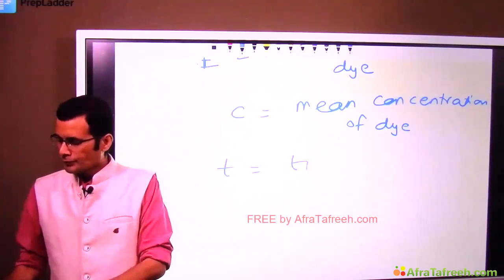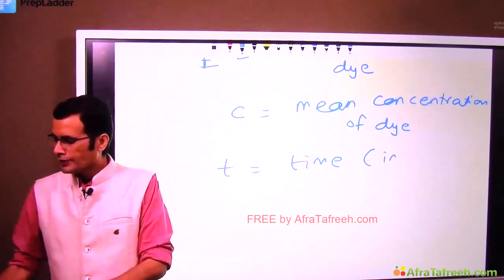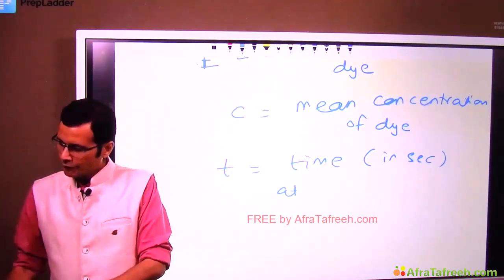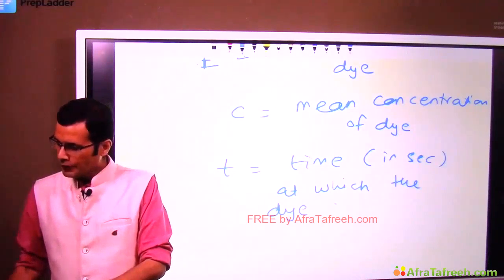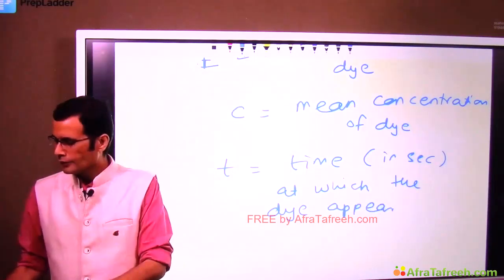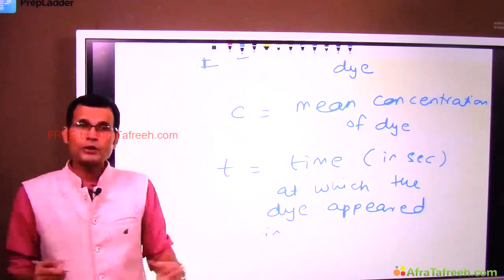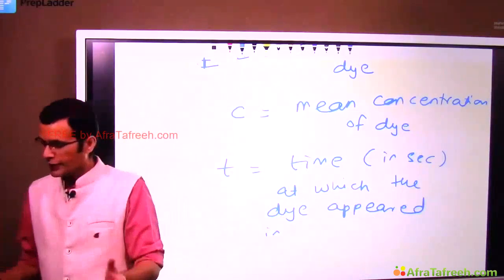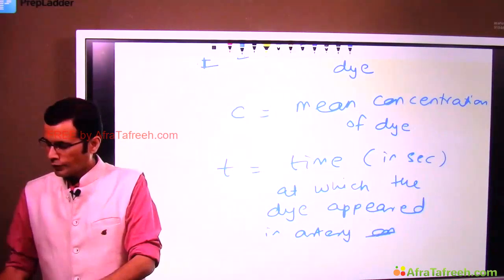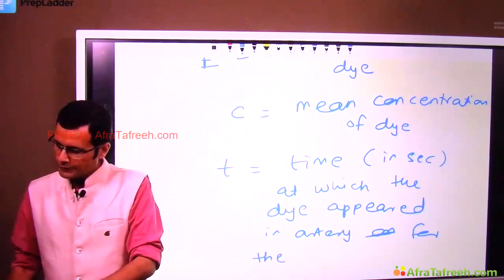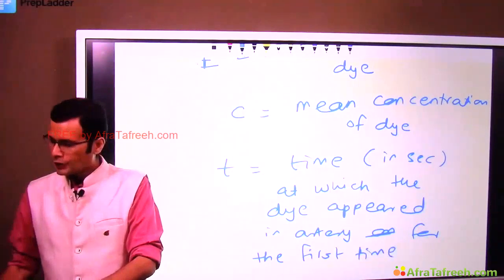T is time in seconds at which the dye appeared in the artery, means appeared on the arterial side for the first time. For the first time means after that it will keep coming. See, it's the circulation time.